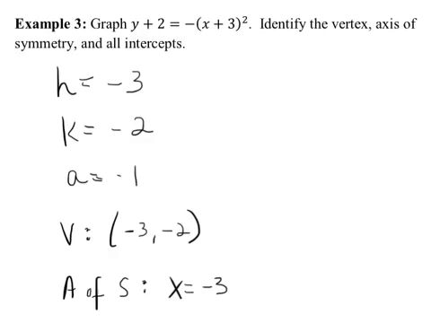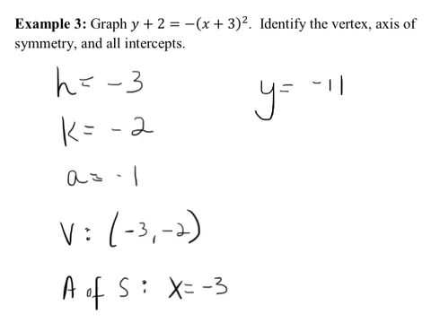At this point, we can find our y-intercept by setting x equal to 0. What do you get for the y-intercept when you set x equal to 0 here? 11. You got 3 squared is 9, and then subtract 2, 7? 7 or 11? -11. Right? -11.